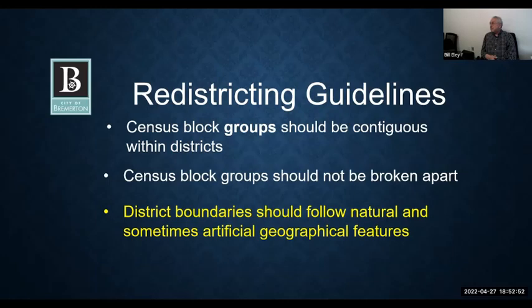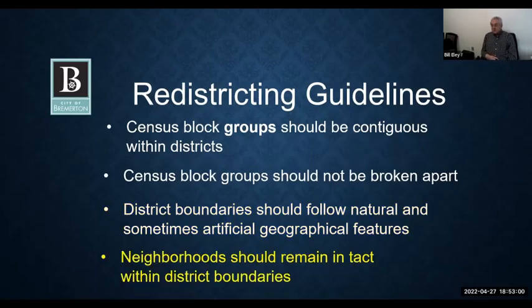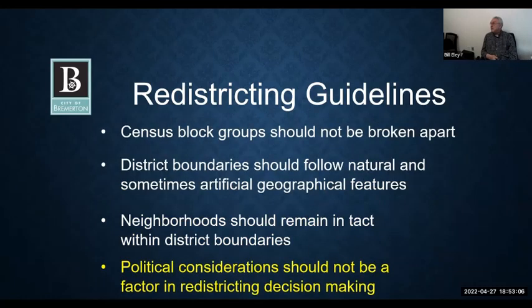This was a standard back then, and it's standard now. District boundaries should follow natural and sometimes artificial geographical features, and we should do our best to maintain neighborhoods within district boundaries. This becomes a little more interesting.